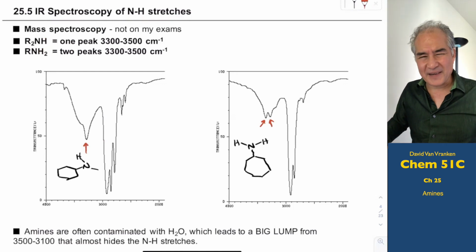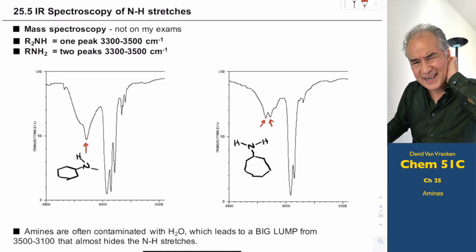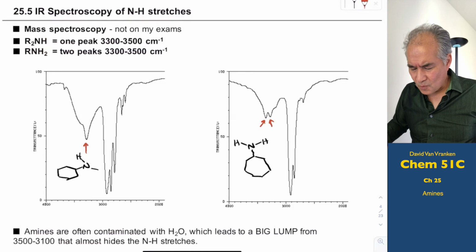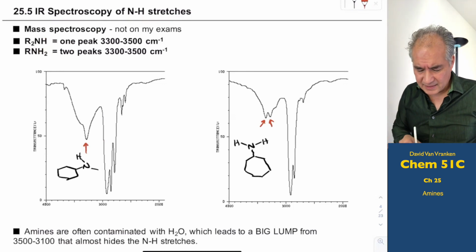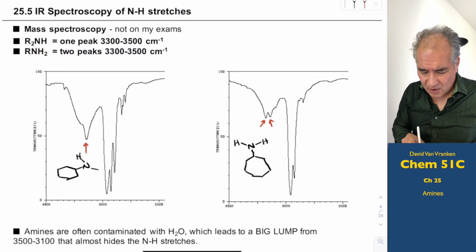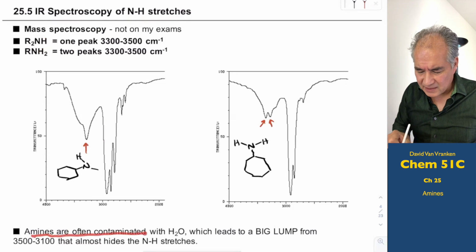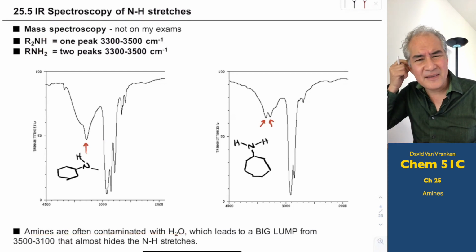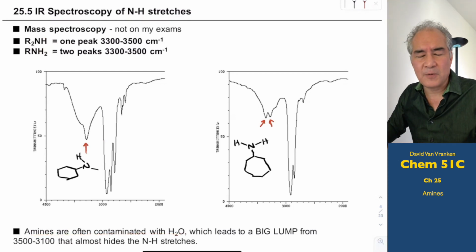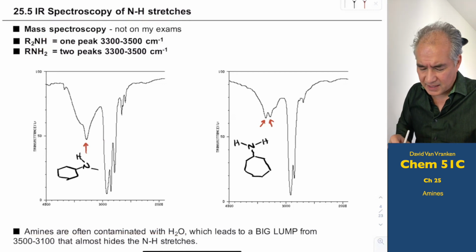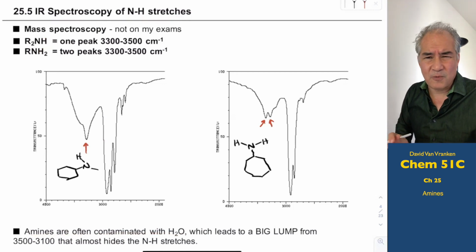You've got to be kind of careful when you're in the laboratory, or if you look at published spectra of amines, and that is the problem, is that oftentimes when you get samples of amines, like if you make them in the chemistry 51 labs that we have here at UC Irvine, they're often contaminated with water, and it's hard to dry all the water out.